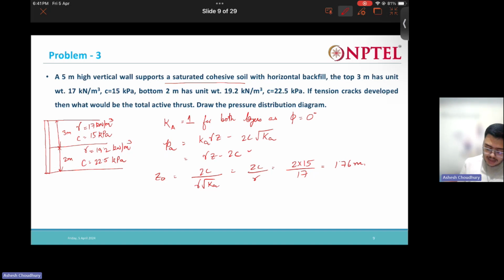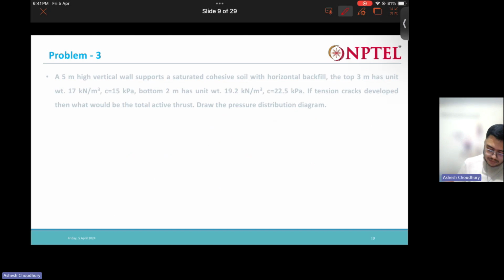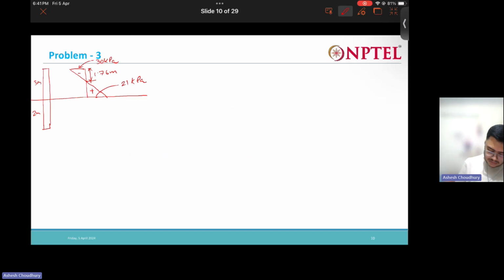Now we are going for the bottom layer, right? For the bottom layer, one part will be coming from this.